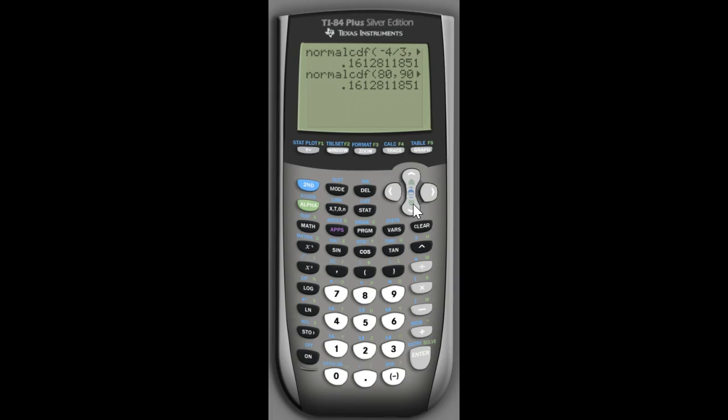So given two values, and the mean and the population standard deviation, I can return the percentage of the population that I would expect to be between those two values, provided that the measurement on the population is bell-shaped and symmetric, which most measurements that we take are because of our tendency towards centrality. All right, so there you go.